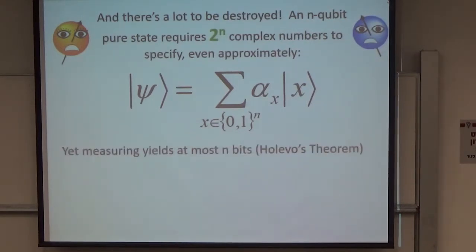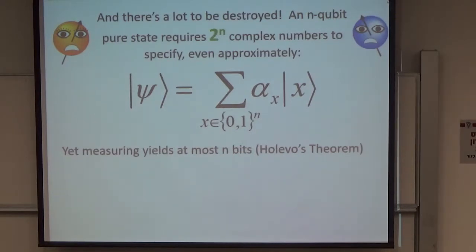This is because of an additional fact, which is that if I measure a single copy of my n-qubit state, then even though in some sense there are 2 to the n bits there, any measurement is going to tell me at most n bits. This follows from a fundamental result proved in the 1970s, which we call Holevo's theorem.